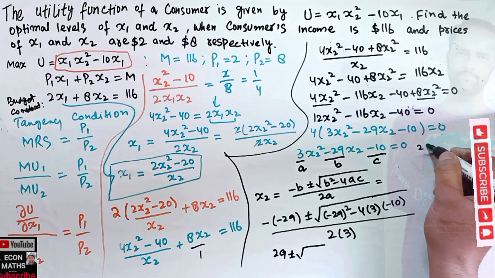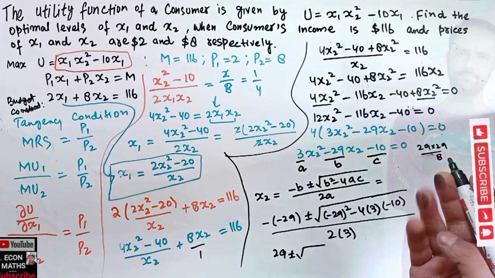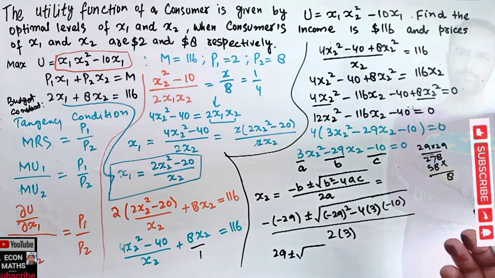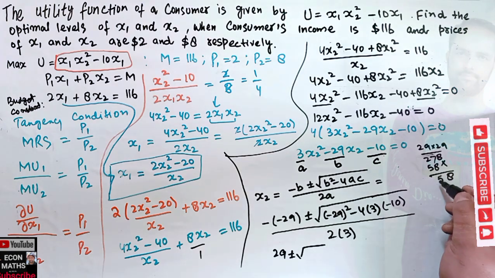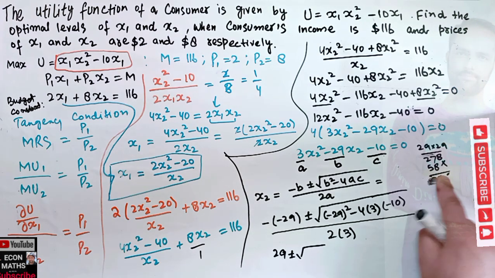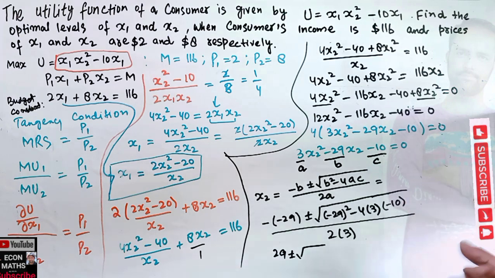Okay, so now what is 29 into 29? 9 9s are 81, 9 2s are 18, so we have... I guess it is 841. Okay, I have not done the calculation right.